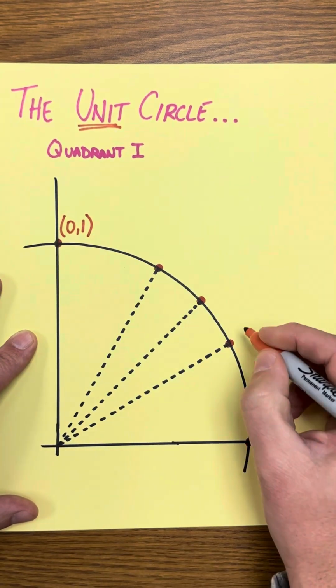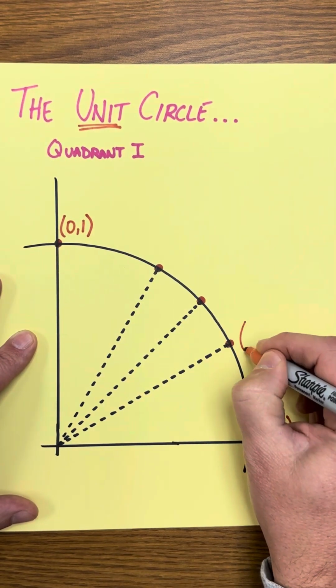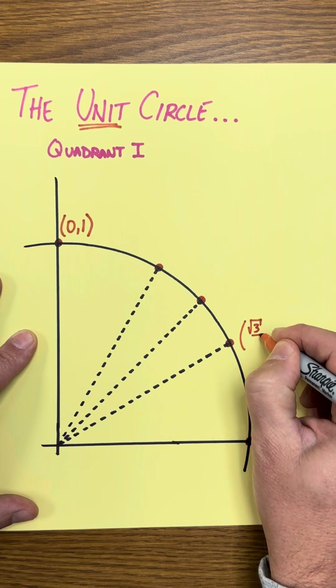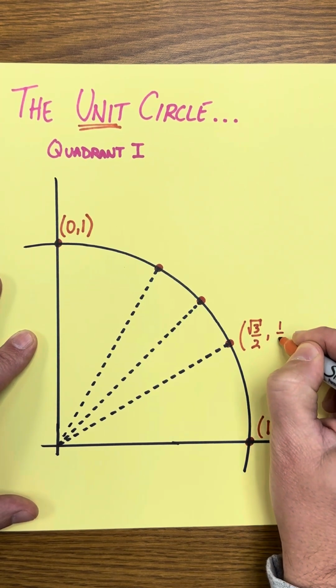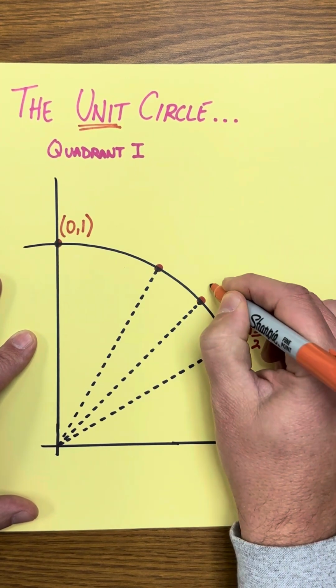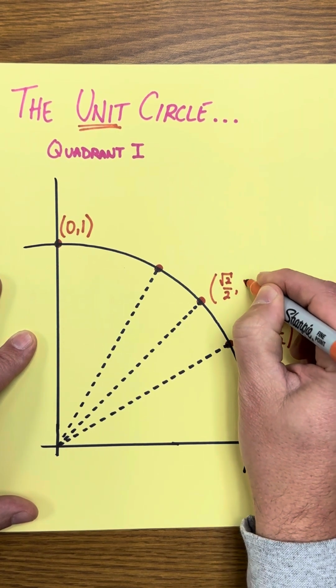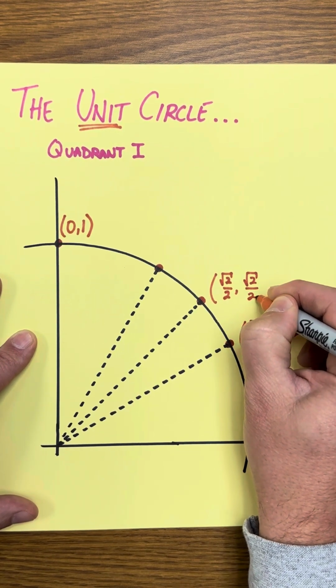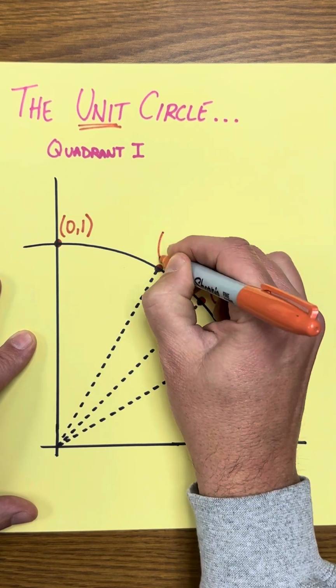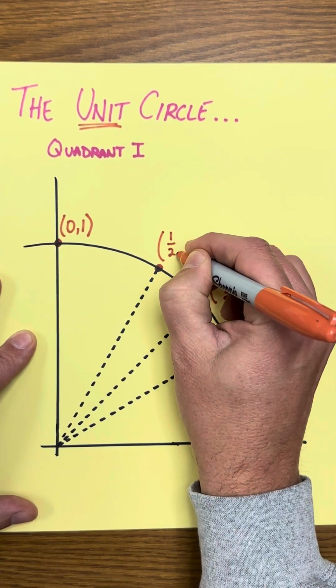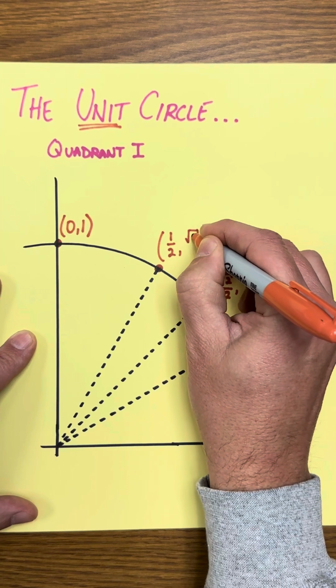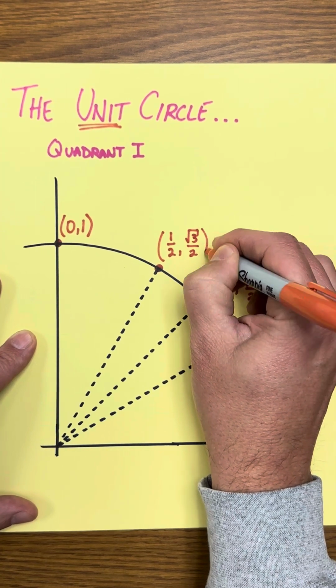The other points are going to be (square root of 3 over 2, 1/2), (square root 2 over 2, square root 2 over 2), and then (1/2, square root 3 over 2).